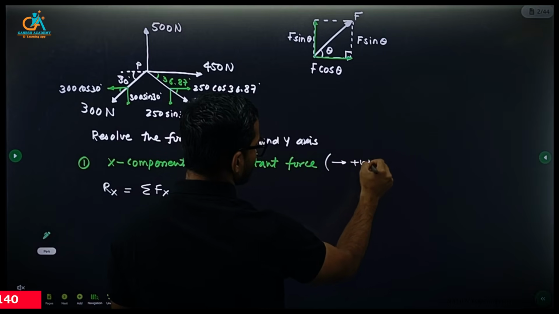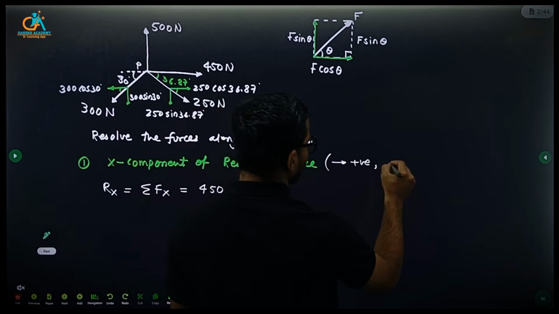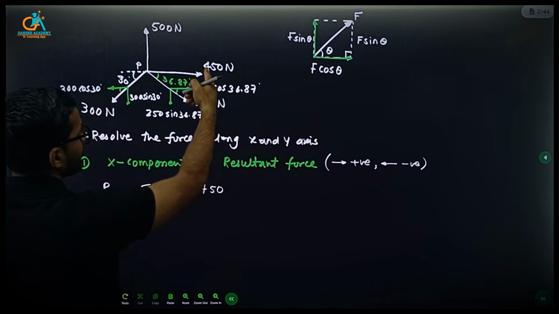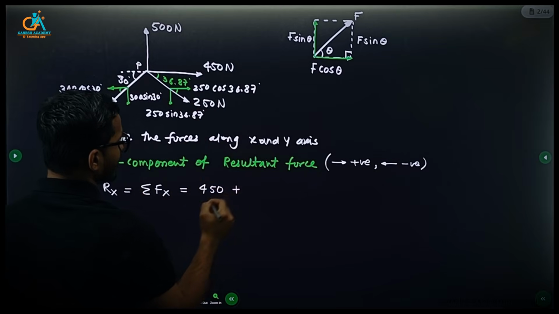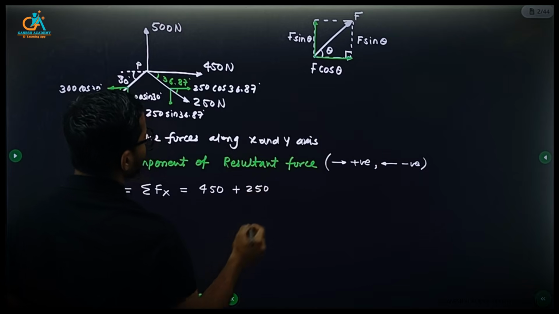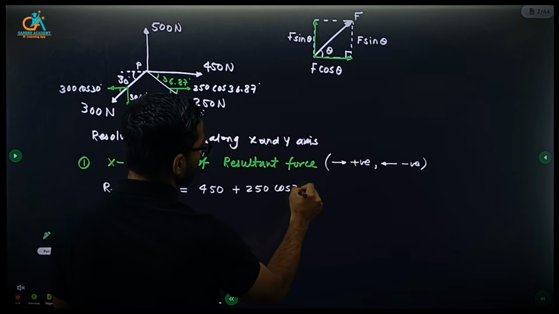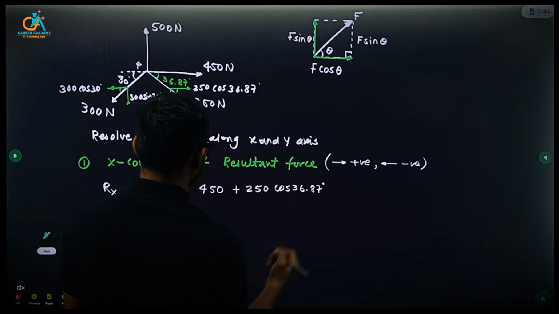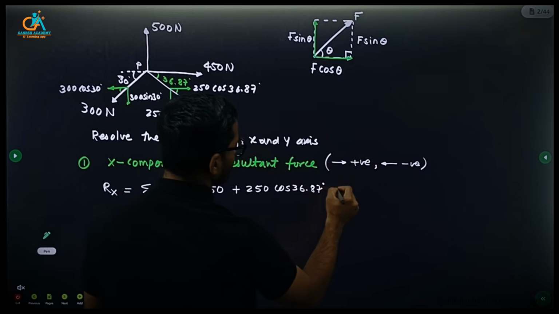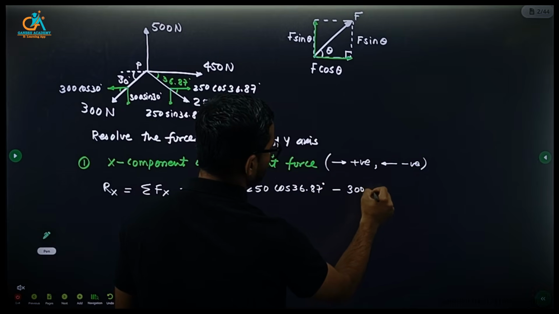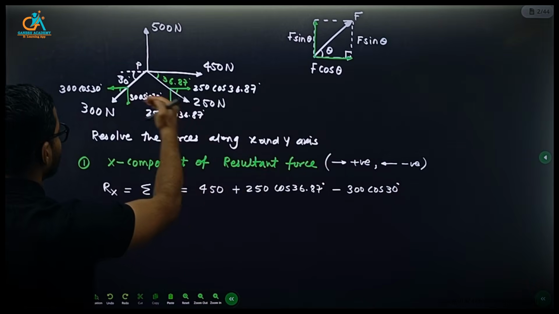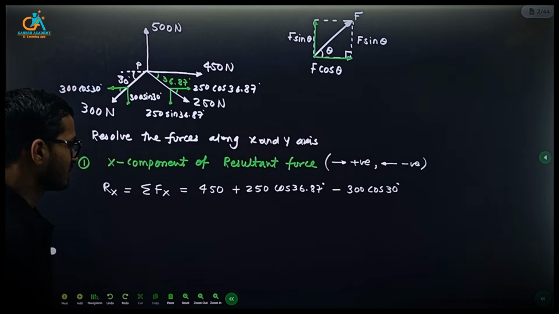Assumption is the forces acting towards right positive, towards left negative. This is 450, and one of the components of 250 Newton is horizontal component 250 cos 36.87, then 300 cos 30, but it is acting towards left side, so negative.